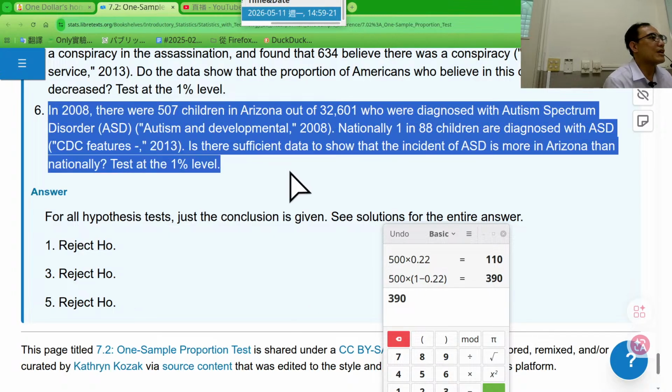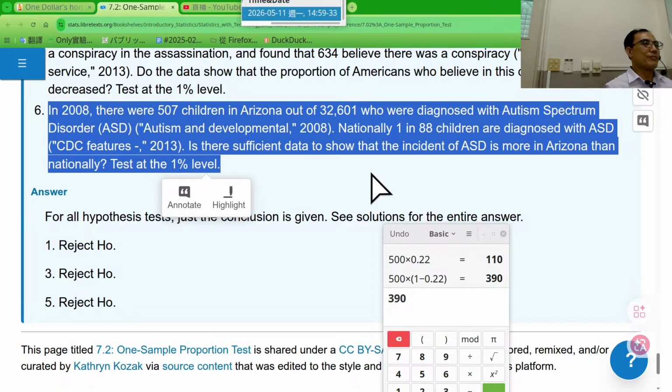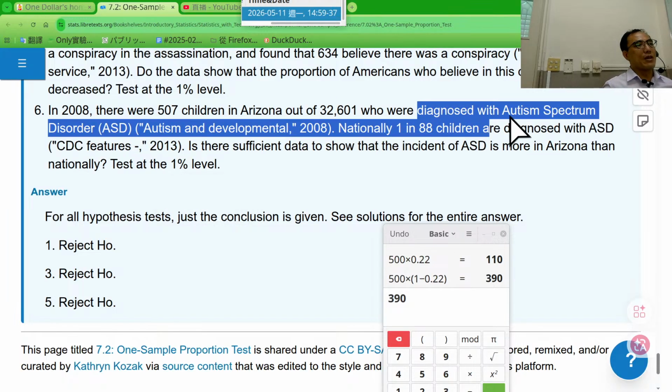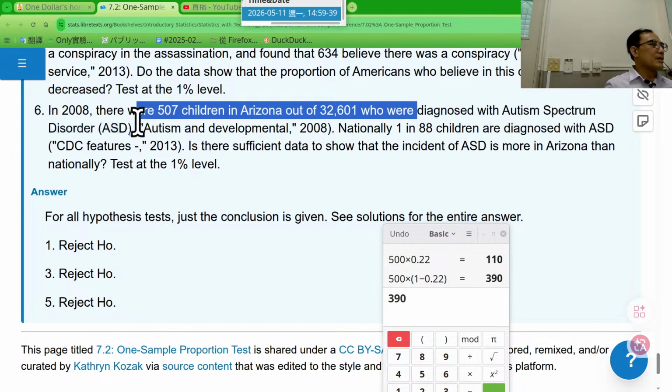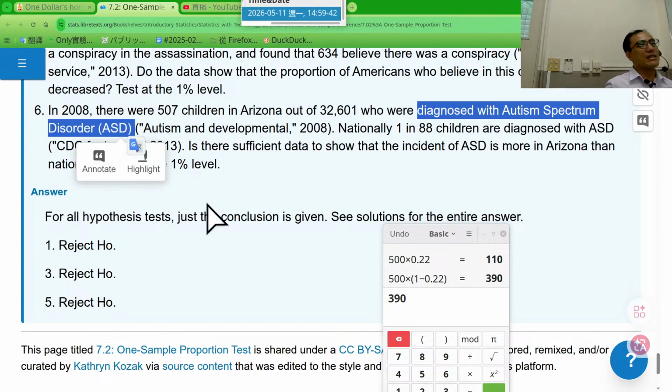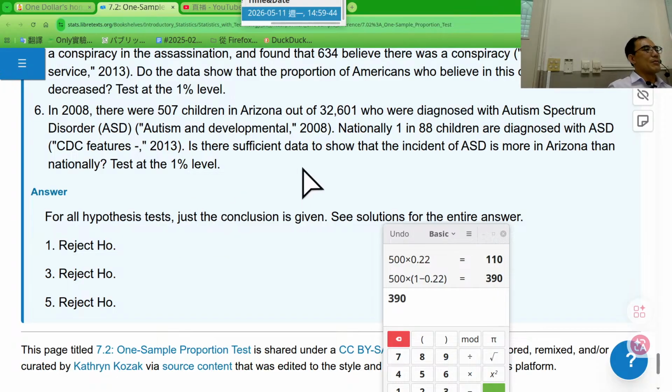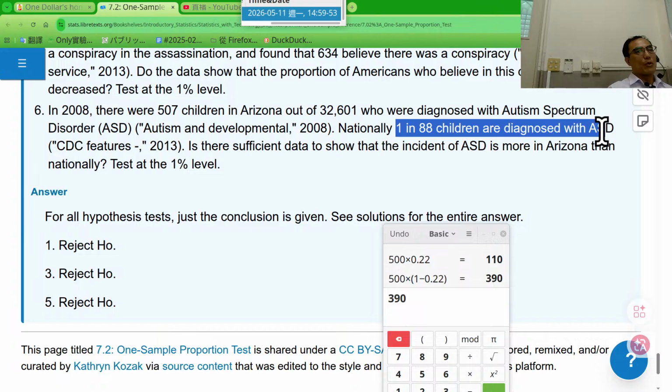Question number 6. In the year 2008, there were 507 children in Arizona out of 32,000 who were diagnosed with autism spectrum disorder, ASD. Nationally, 1 in 88 children are diagnosed with ASD.